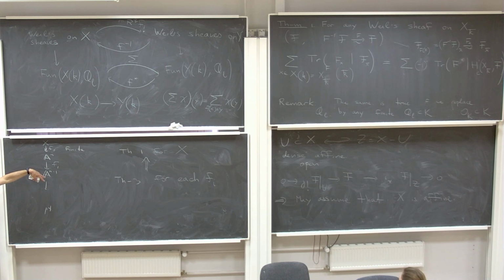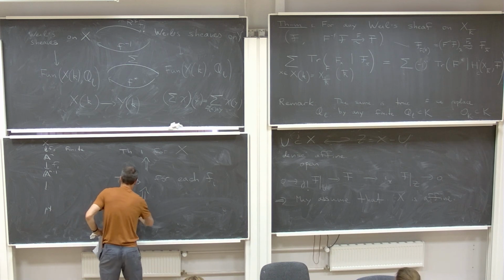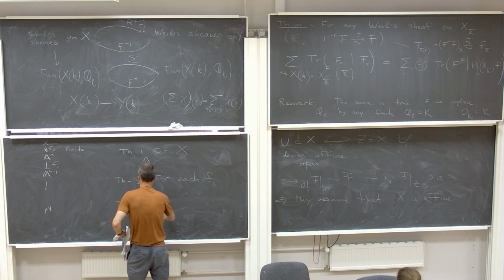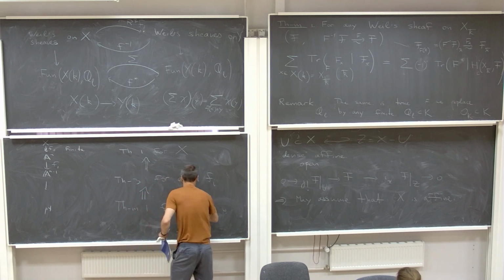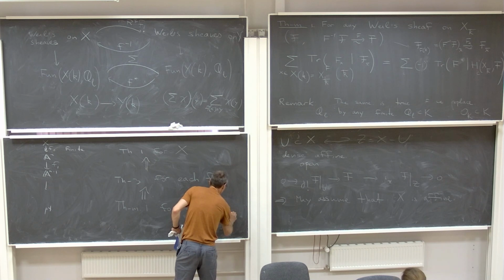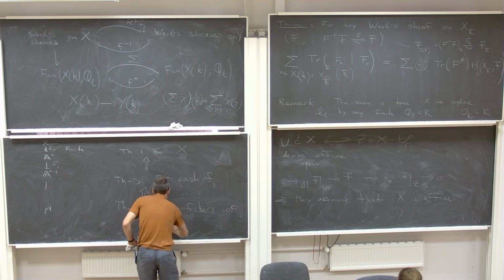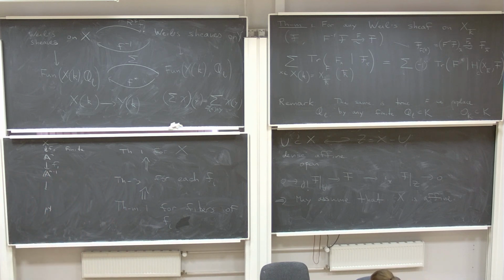And using the base change theorem, again, this implies theorem 1 for the fibers of f_i. Well, the fibers of f_i are either A^1 or finite zero-dimensional schemes.